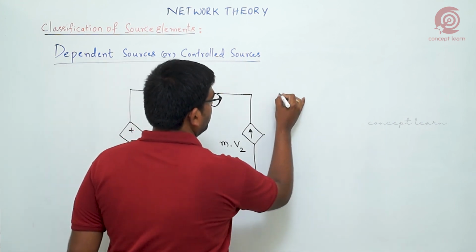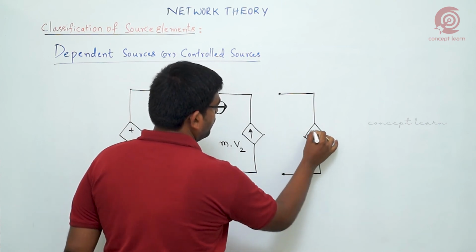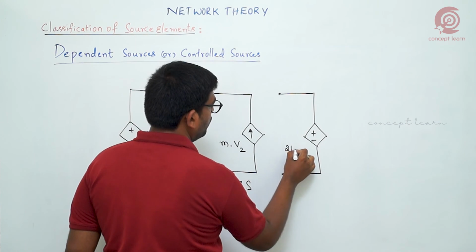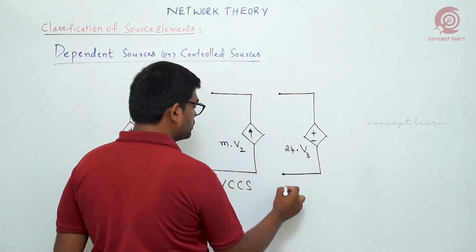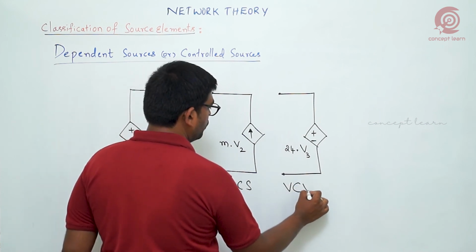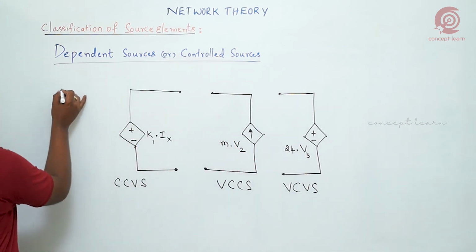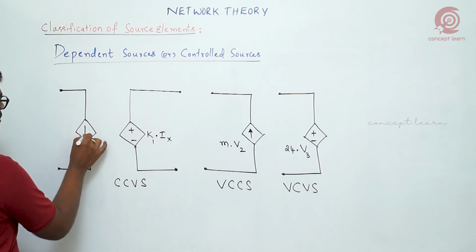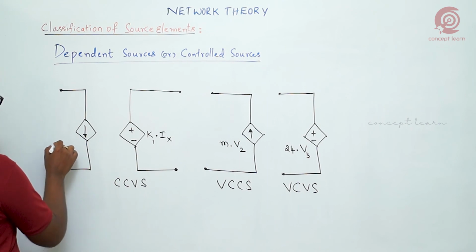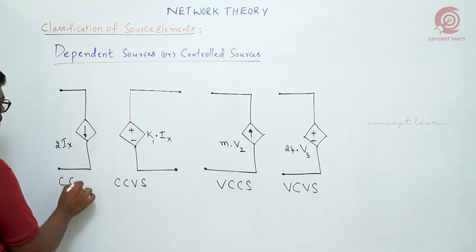Now if I choose another polarity, like this time 24 into V3, it is also a voltage controlled voltage source. Next, suppose I go with a current source again, with direction, 2 into Ix, like that I am taking. So it is a current controlled current source.